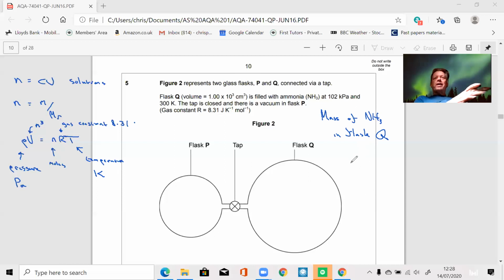So let's rearrange the ideal gas equation for moles, because if we're going to find a mass, we're going to need moles. We've got the Mr because we know it's ammonia. So let's go through this.